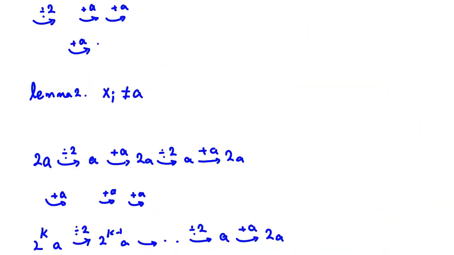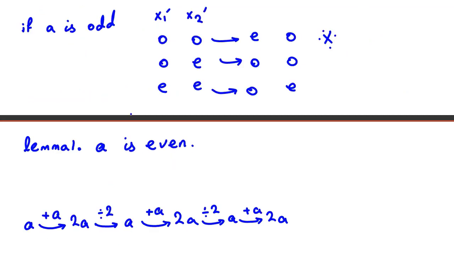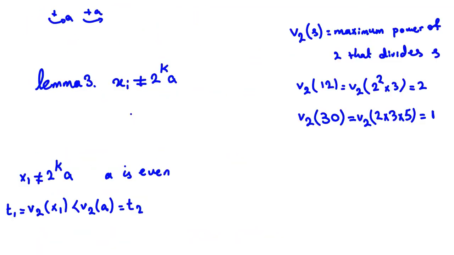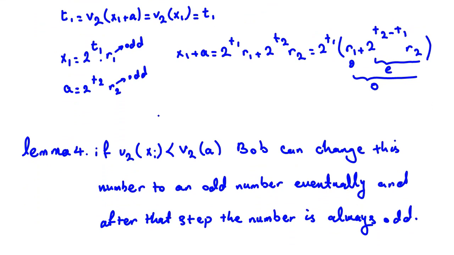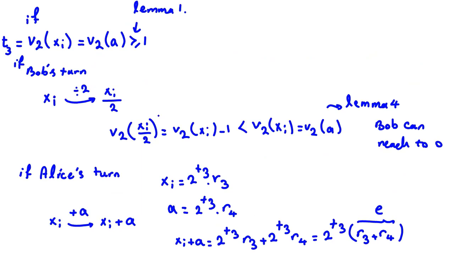As you can see, I proved many lemmas. Xi equal to a was not useful, and xi not equal to 2 to the power k also was not useful. This one was useful. But they helped us. As I said, at the end you will understand which of them are useful and which are not. So analyzing the problem is so important.